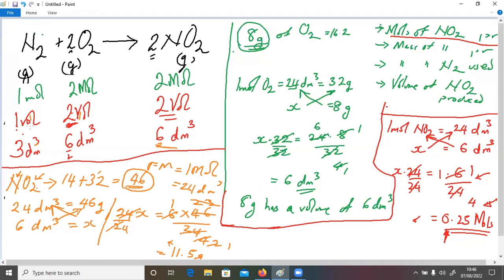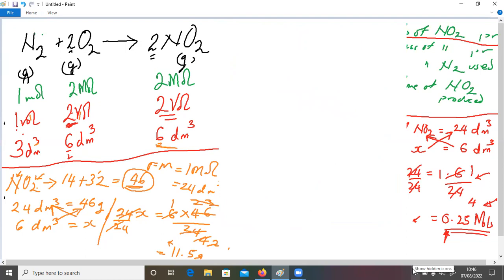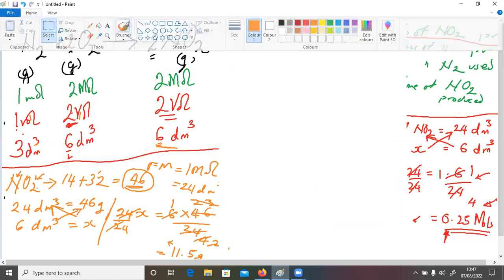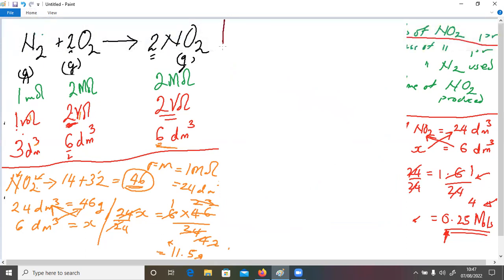So we need to clean up the board. So we are saying that we want to know, considering the mass of nitrogen which was produced.